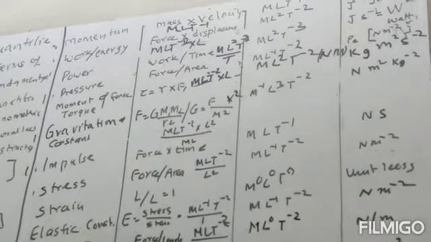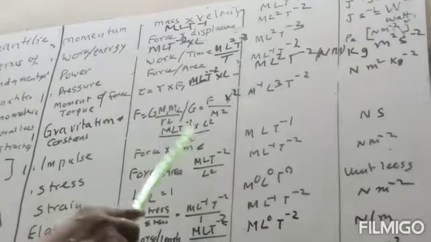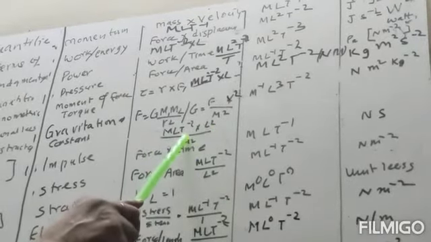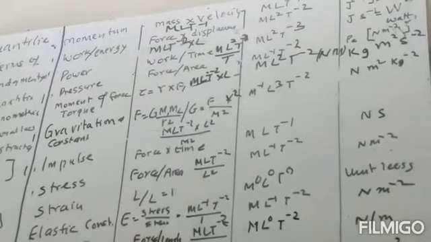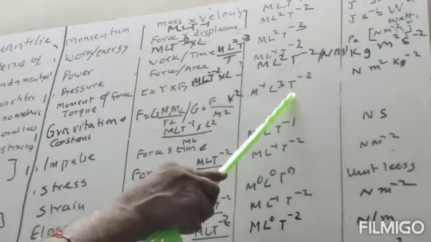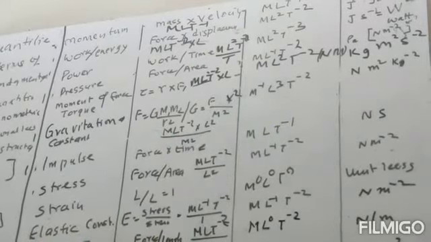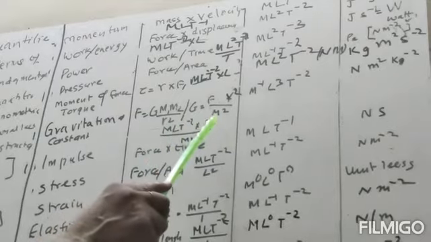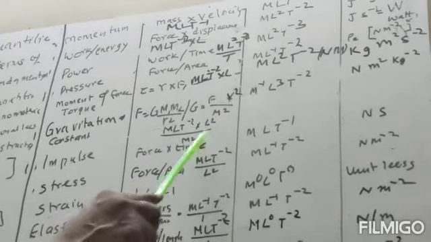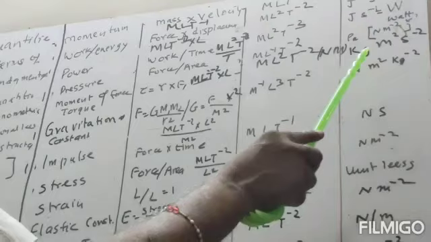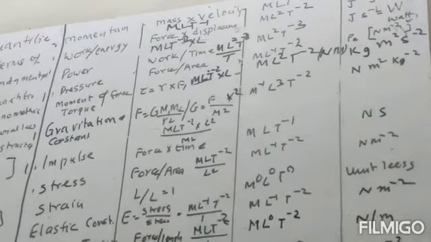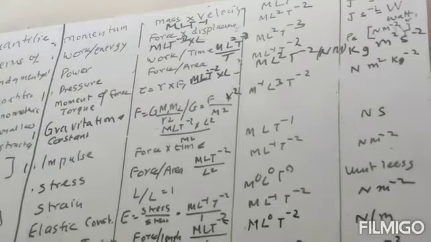So if we solve it, it is M^-1 L^3 T^-2. So M^-1 L^3 T^-2, or the unit will be equal to Newton, this is force, Newton into meter square divided by kilogram square. So it is Newton meter square per kilogram square. So this will be the unit of gravitational constant.